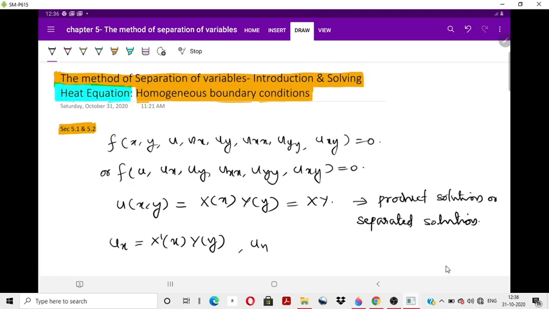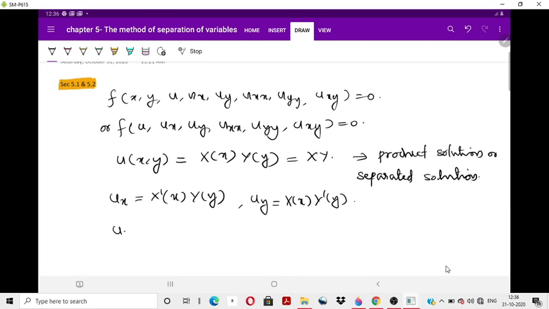And uy will be X of x into Y dash of y, and then uxx will be X double dash Y, and uyy will be X Y double dash, or Y double prime, and uxy or uyx, if the function is continuous, is in the form X dash Y dash. That's the same since it is a product.